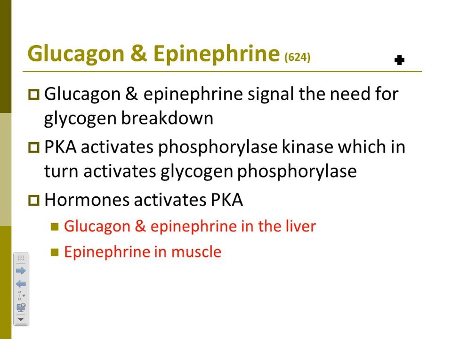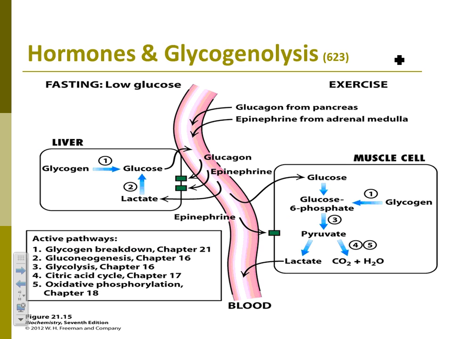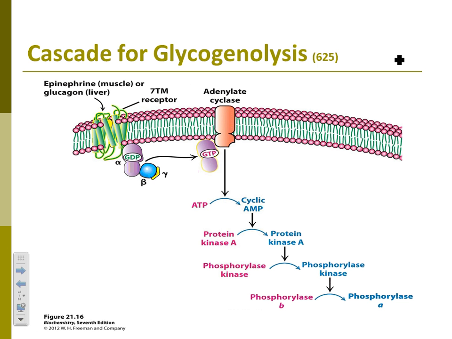So it's regulated very similar to glycolysis, your basic glucagon and epinephrine versus insulin. As an illustration, if it helps you, great. If not, don't stress too much about it.